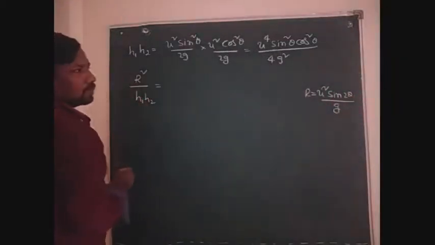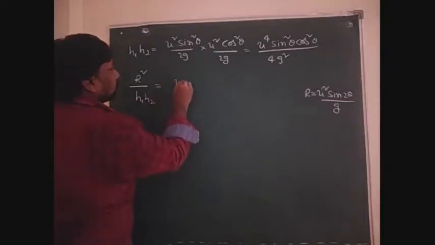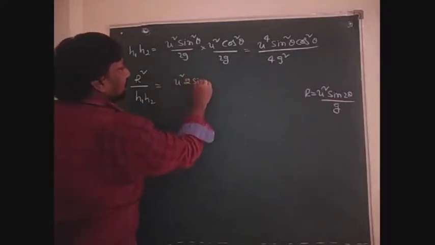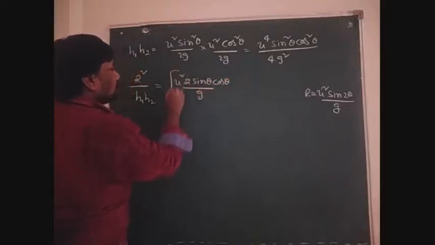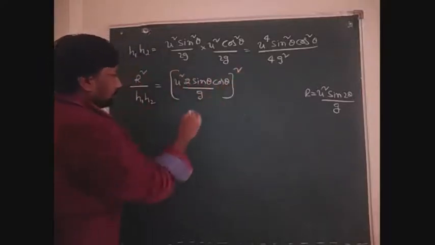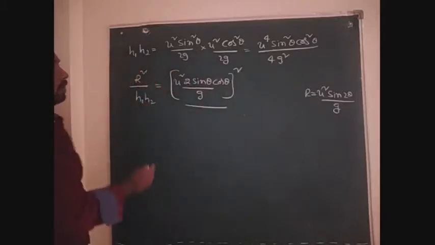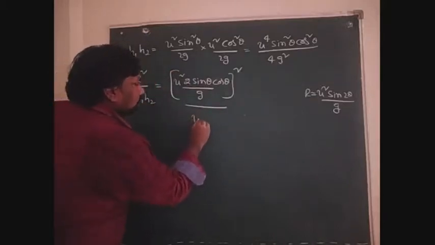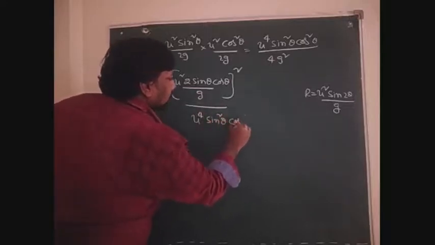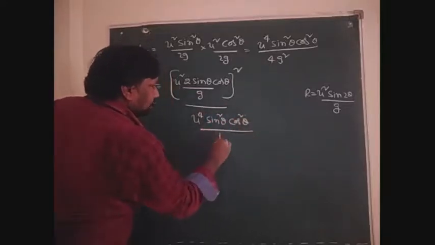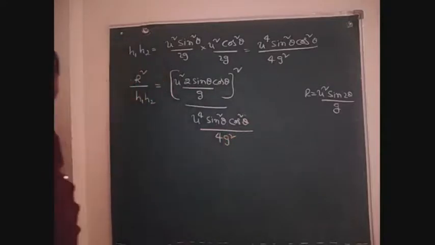So therefore R square means u square 2 sine theta cos theta by g whole square, divided by H1 H2, which is u power 4 sine square theta cos square theta by 4g square.